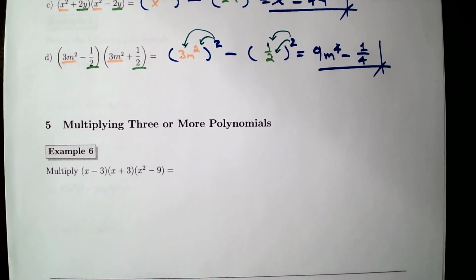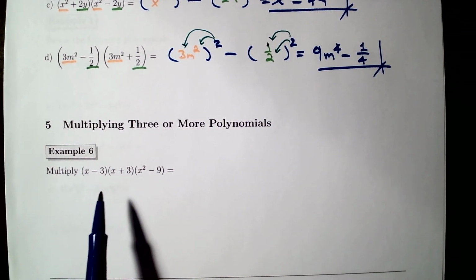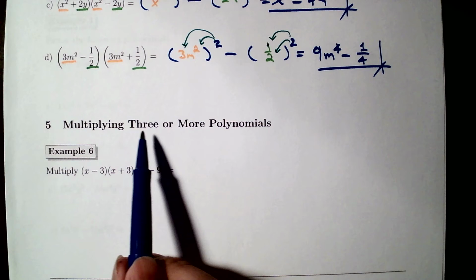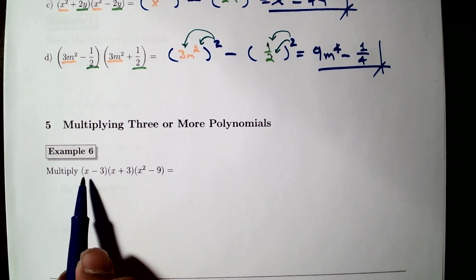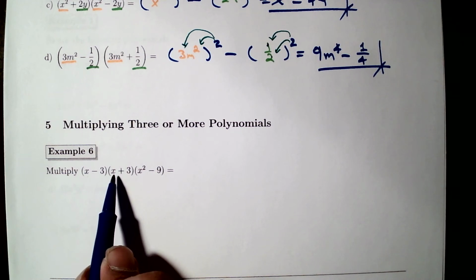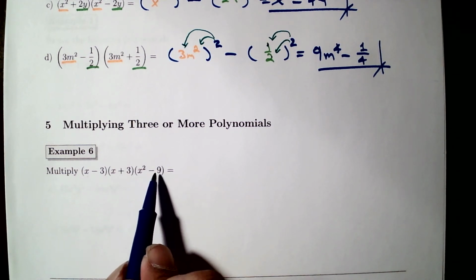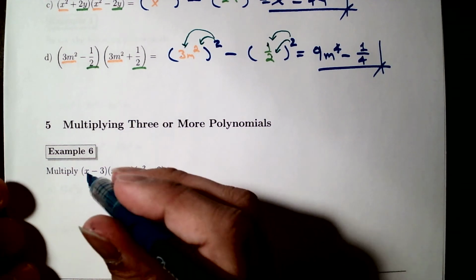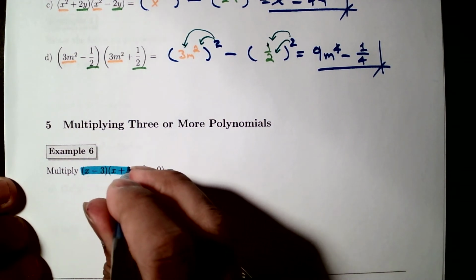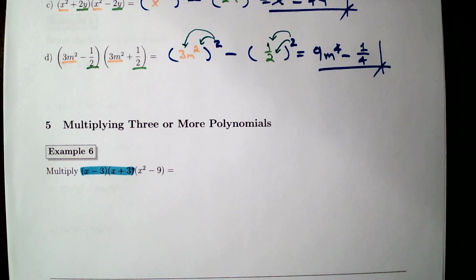All right. So in this case, let's apply what we have done in this section with multiplying 3 or more polynomials. Notice we have x minus 3 times x plus 3 times x squared minus 9. I'm going to focus first of all on the product of the first two. x minus 3 times x plus 3.